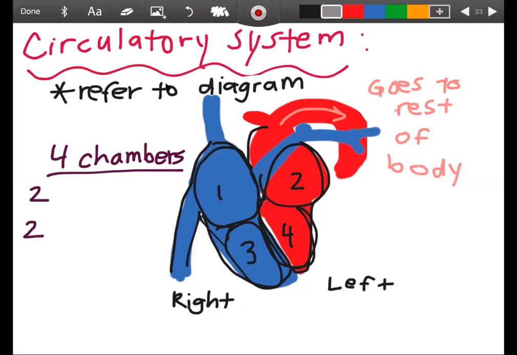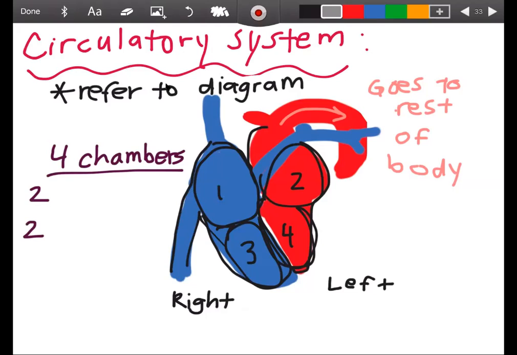You have to think of it as if the person is standing right in front of you, facing towards you; their left side would be opposite to your left side. The left side is where the oxygenated blood is pumped into the rest of the body, and the right side is where the now deoxygenated blood, which has that carbon dioxide, is received from the body.